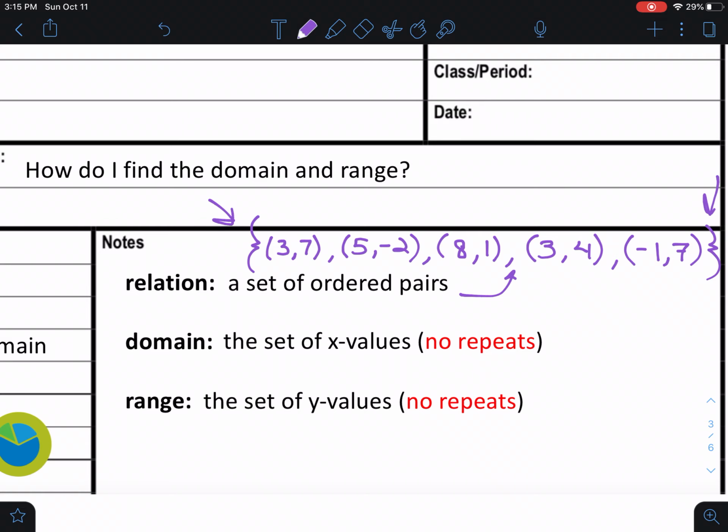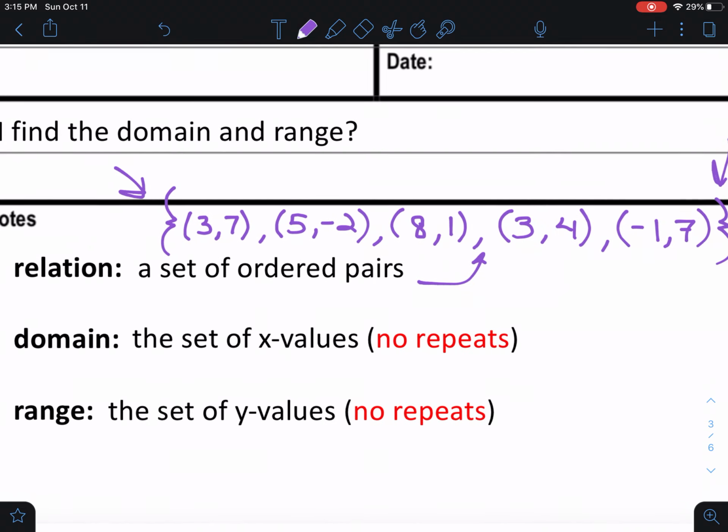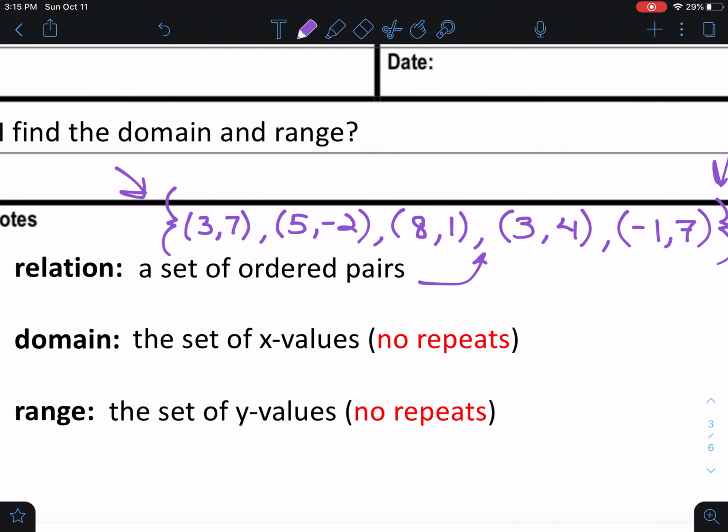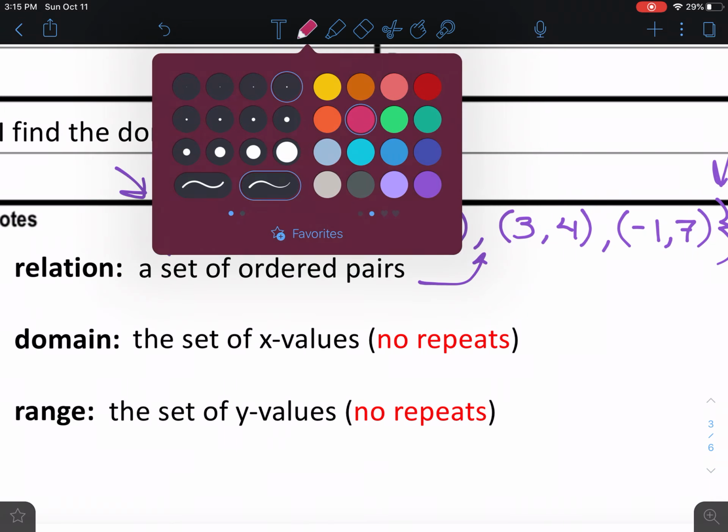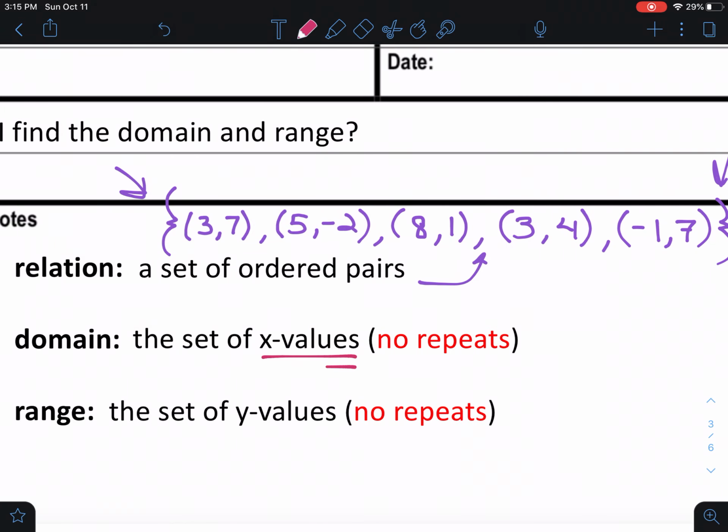So domain, when we're looking at these numbers here, your domain, it says, is your set of x values. And it also says that there are no repeats. So when we say what is the domain? It's the set of x values, but written without any repeating numbers.